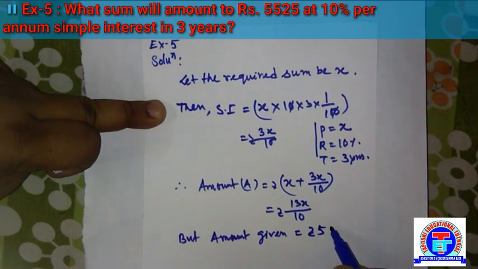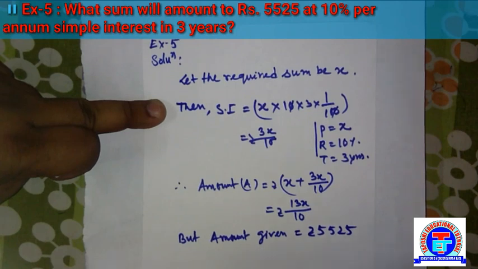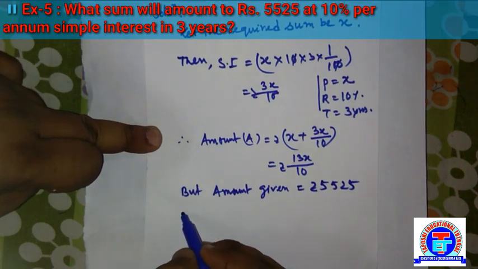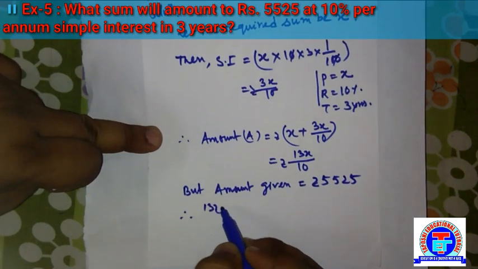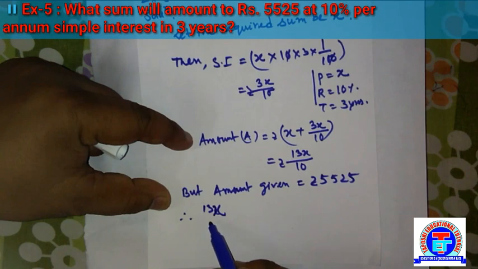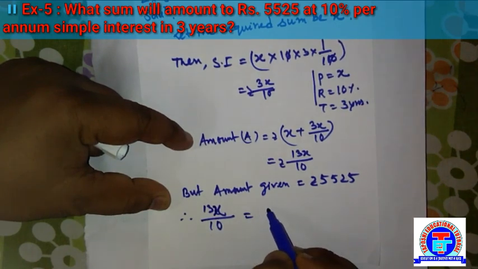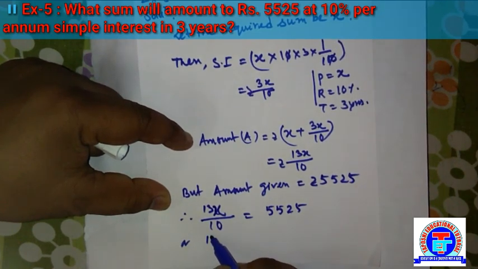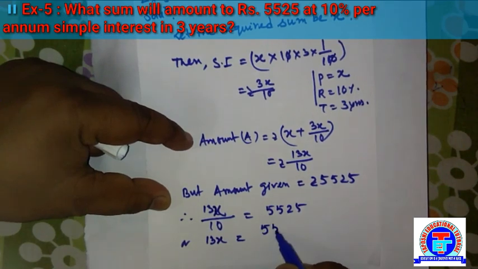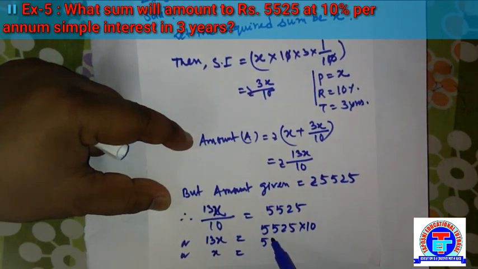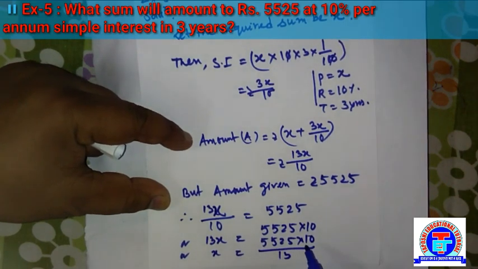Rupees 5,525, right? So we can write, therefore 13x by 10 is equal to 5,525, or 13x is equal to 5,525 into 10, or x is equal to 5,525 into 10 by 13, right?